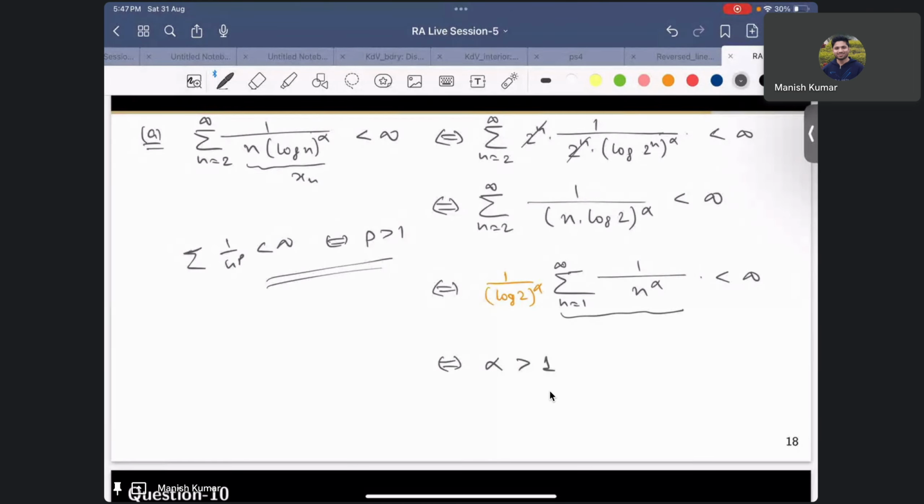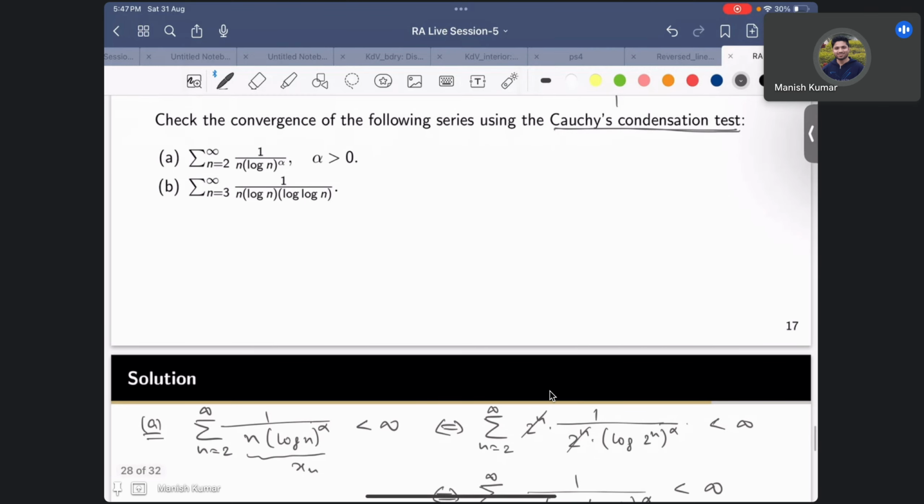So we know this is true if and only if alpha is greater than 1. Otherwise it diverges.